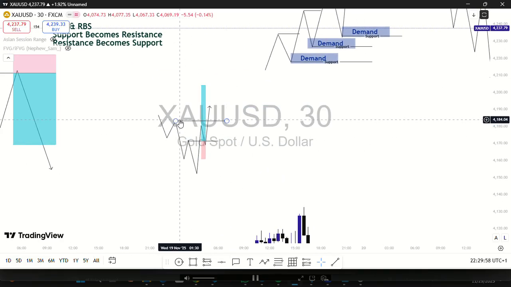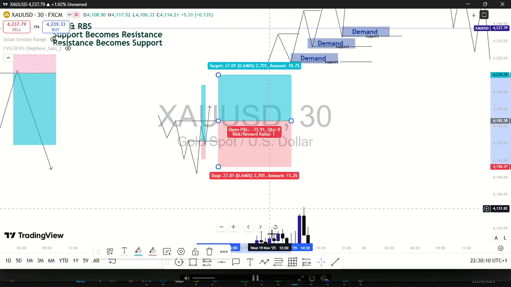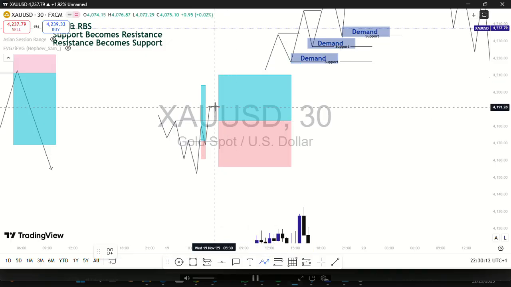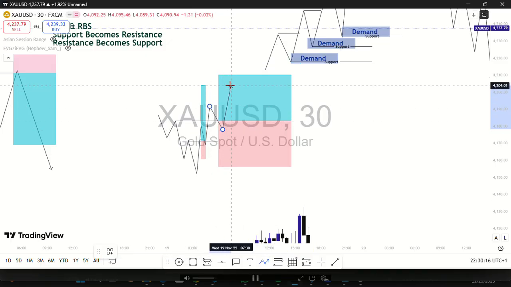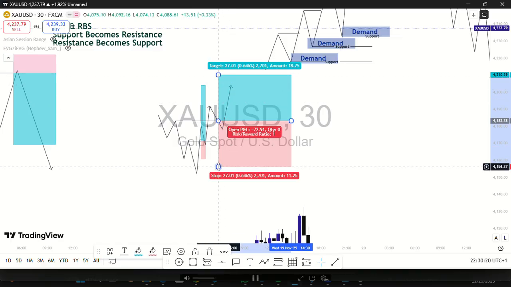Now, you can see price has broken this resistance here, so we can look to trade off this here. When price comes back here, we can look to trade off this. So for instance, this. So this is what I mean by that.